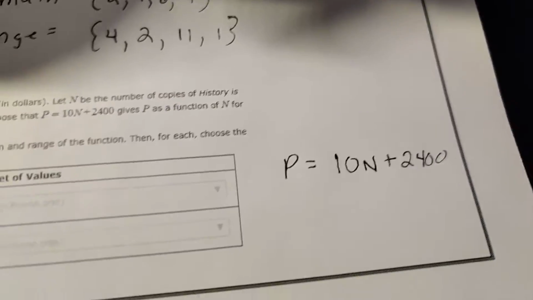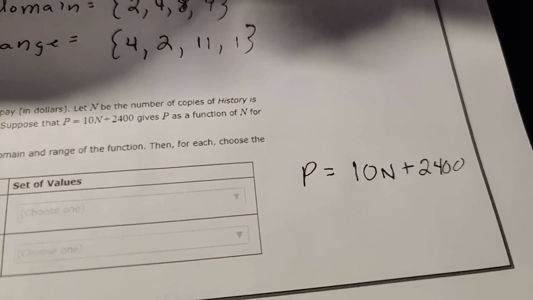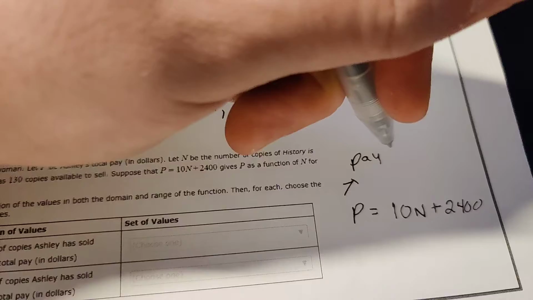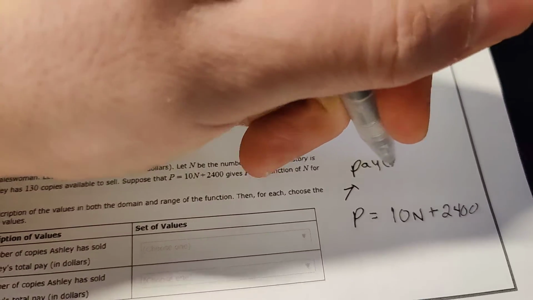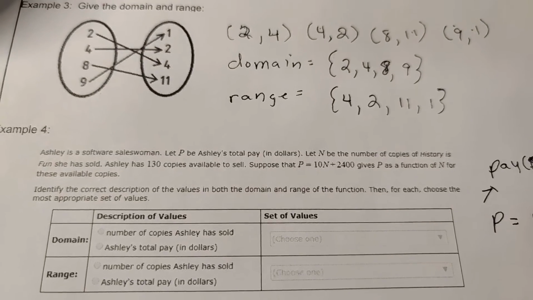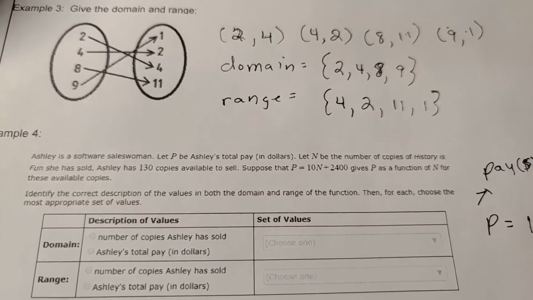Okay. And I'm going to make a note of what P and N stand for here. So P here is total pay. I'm just going to make a little note next to it: pay in dollars. And N is the number of copies of History is Fun that she sold.